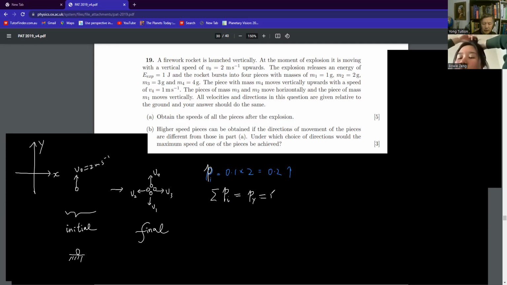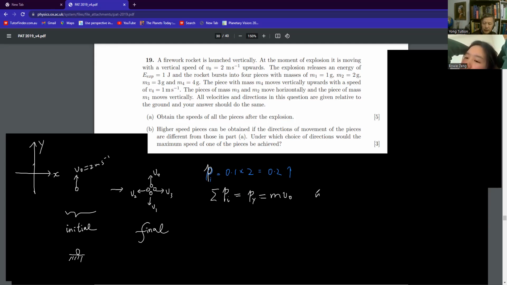We just write the total mass, which is in the direction upward. So this must be equal to the sum. This is the initial, right?